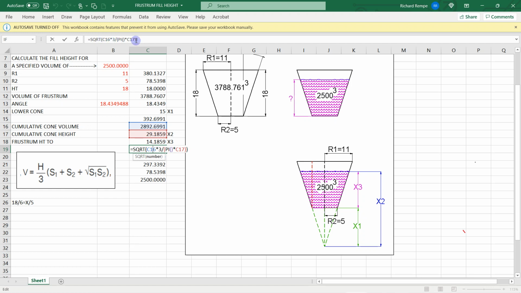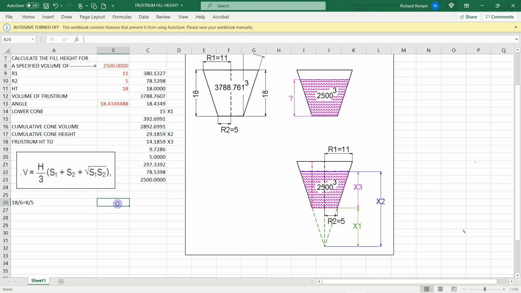Oh, so it's just the square root. Why is it square root of that? Oh, because it's x squared. So it's square root of 16, square root of the volume. It's a cone, so the cone is 1/3. I didn't write it down, so I should probably just write it down.